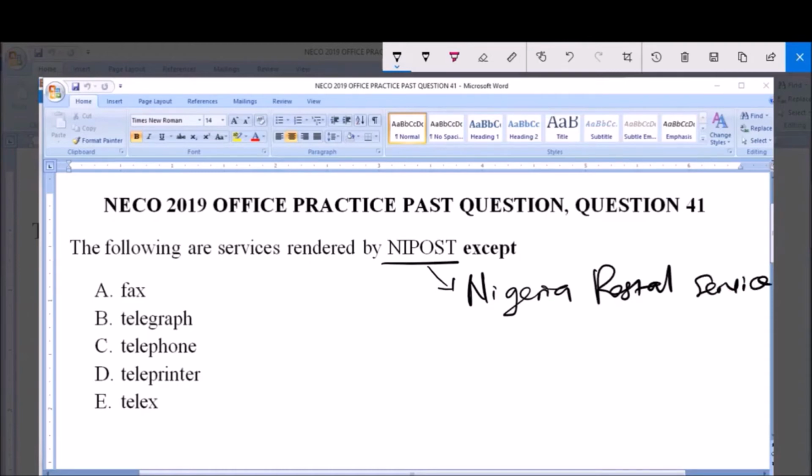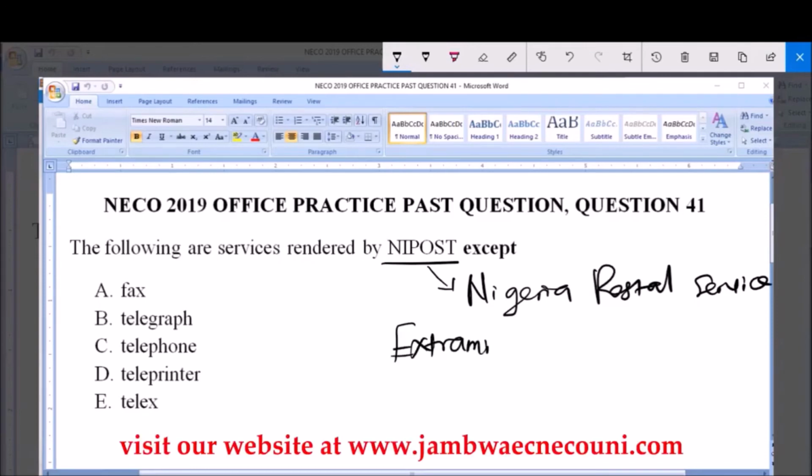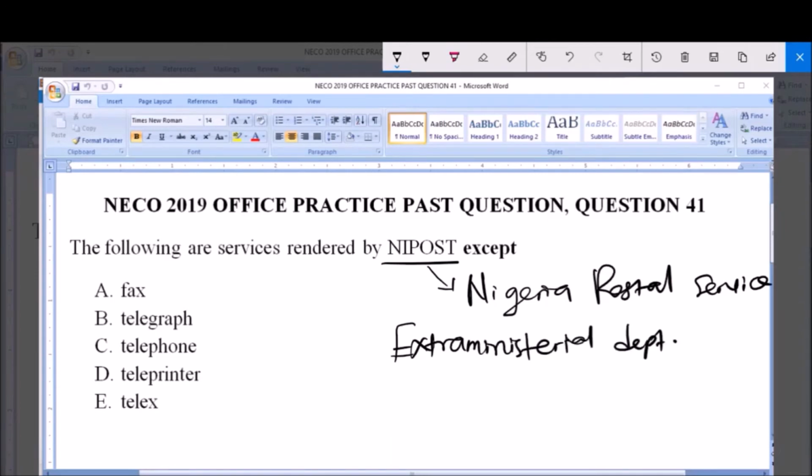NIPOST is an extra-ministerial department in Nigeria under the Ministry of Communication.